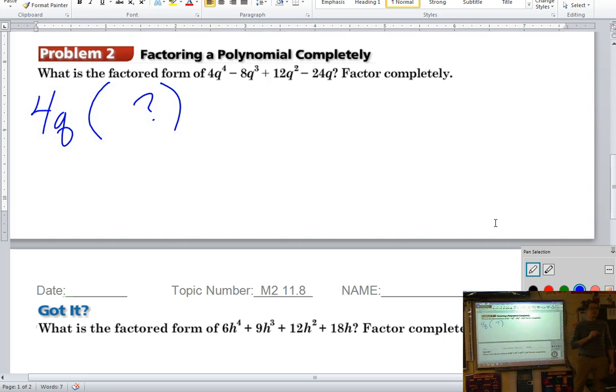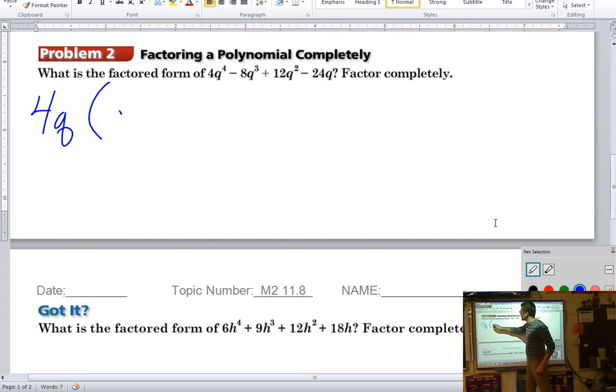What could make my function 0? 0. Because if I plug in 0 here, all of this becomes 0. So what that tells you is if there's something that we can factor out initially, one of my zeros will be at the origin. Factoring out that 4q first tells you one of your zeros is at the origin. Now let's look at what's inside of here.